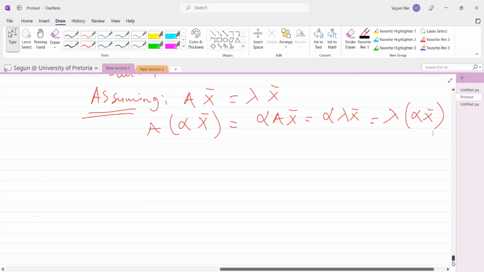But now let's look at the process. What are the steps that we need to embark on? Let's look at the steps. The steps I'm talking about here are to solve for eigenvalues. Let me write it so that we all can see.